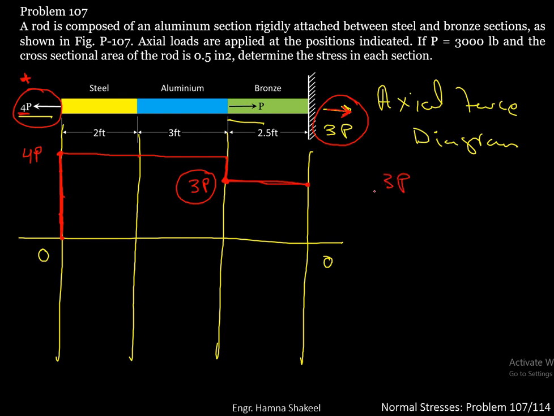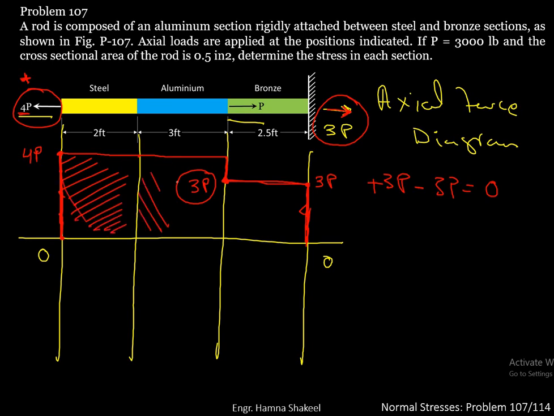So you can write 3p minus 3p, which gives you 0. So from here you can go back down to 0. So here you can see that you have got a 4p tensile force on steel. You have got the same 4p tensile force on aluminium, and you have got a 3p tensile force on bronze.